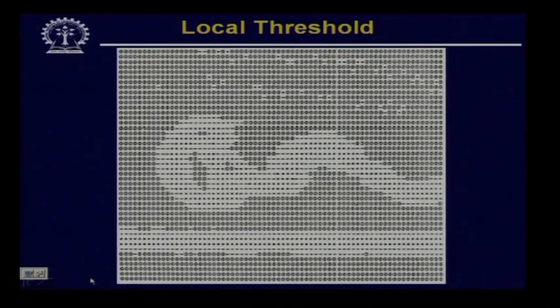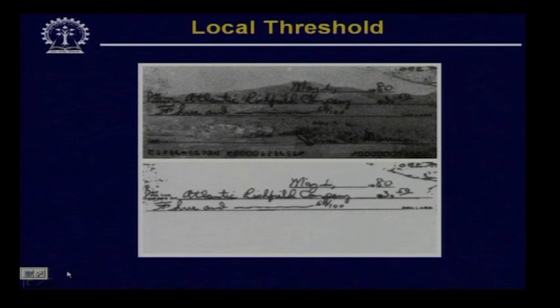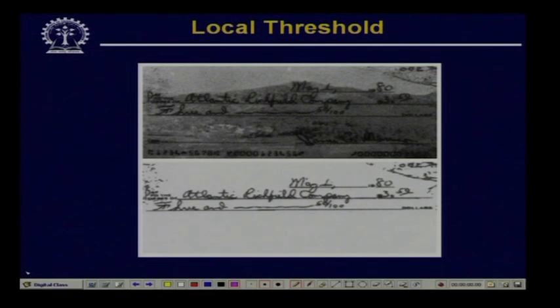So, if I apply this technique on an image, you find what kind of result we get. In this particular case, the top part is the scanned image of a bank check.